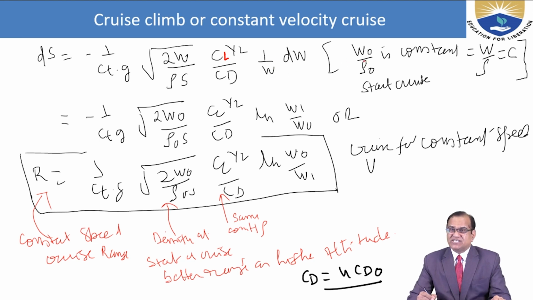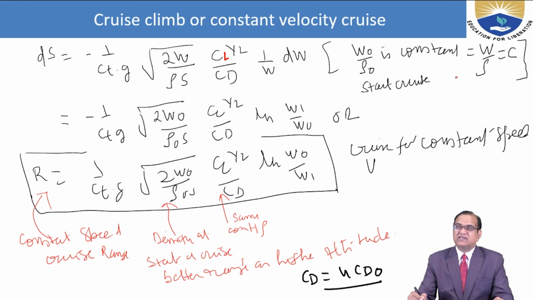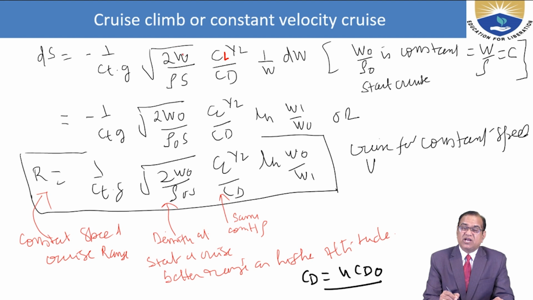At sea level, at the ground, the weight of the aircraft is w naught and the density is rho naught. So w naught by rho naught is a constant in this case, meaning w by rho is constant.